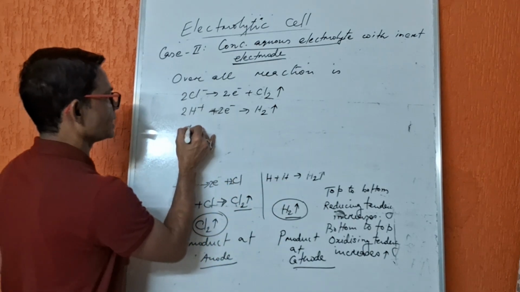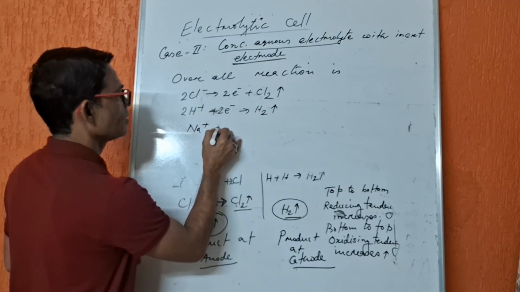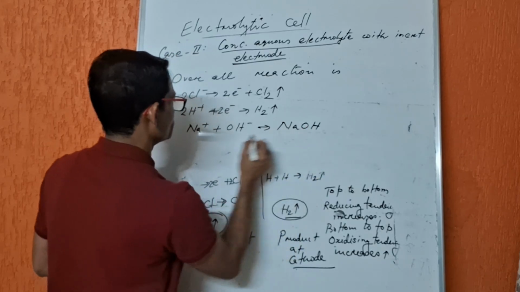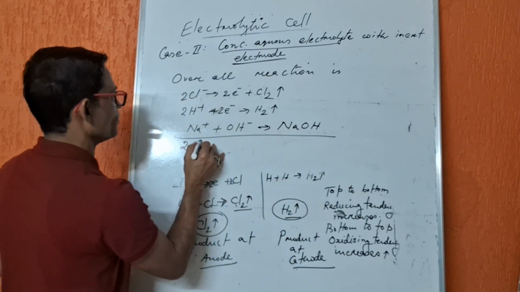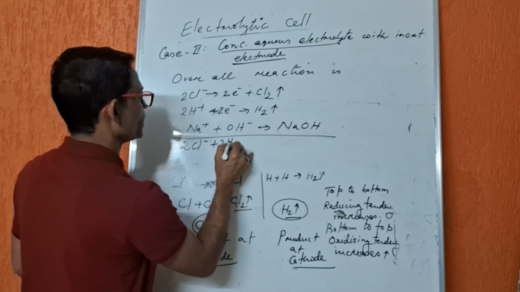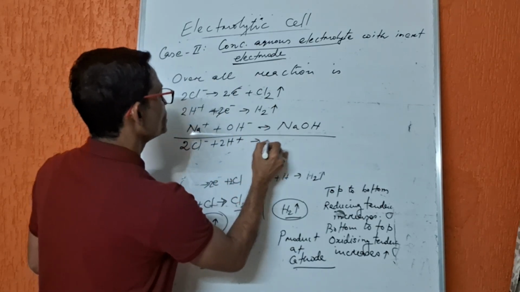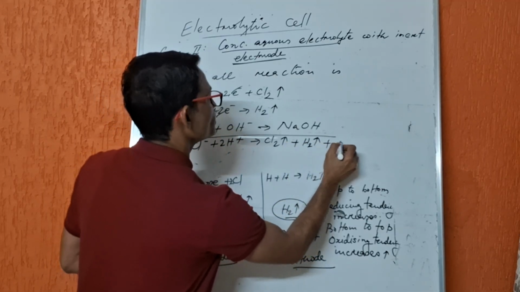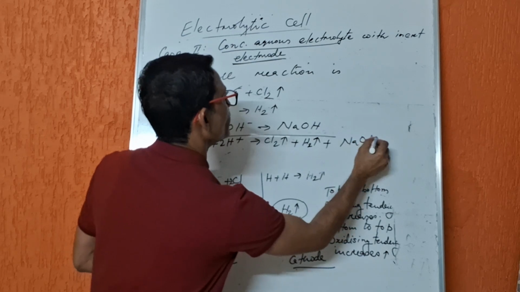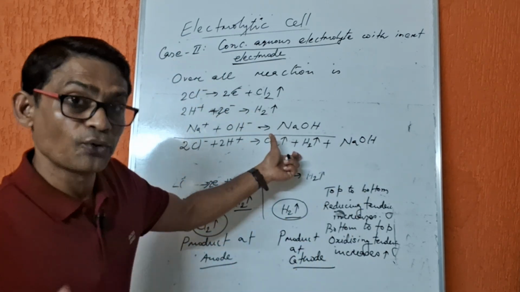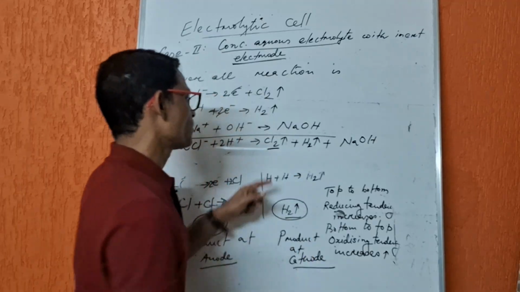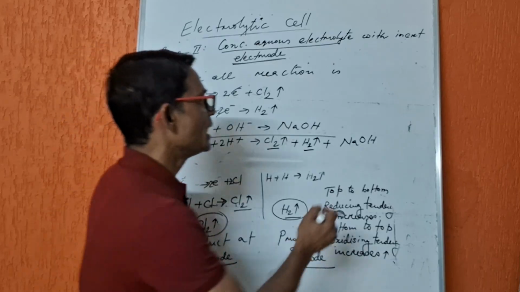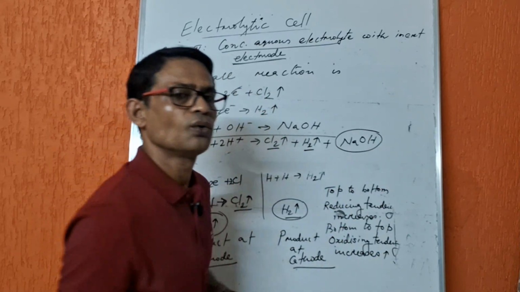In the solution there is Na plus and OH minus, so it gives NaOH. So the overall reaction gives Cl2, H2 and NaOH. As products, at the anode there is Cl2, at the cathode there is hydrogen H2, and in the solution there is NaOH.